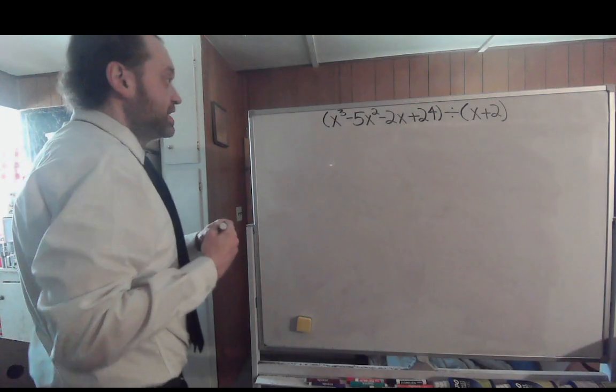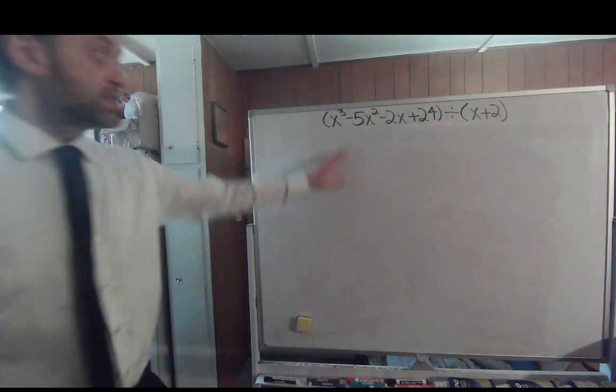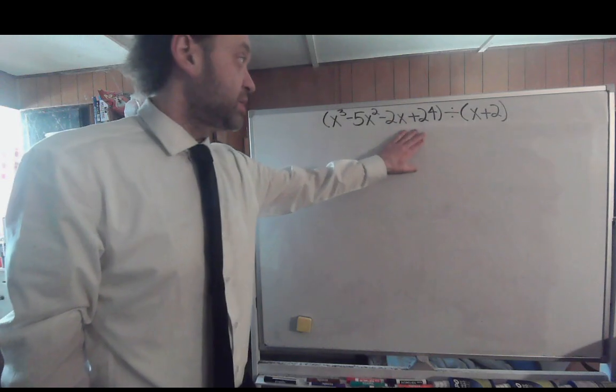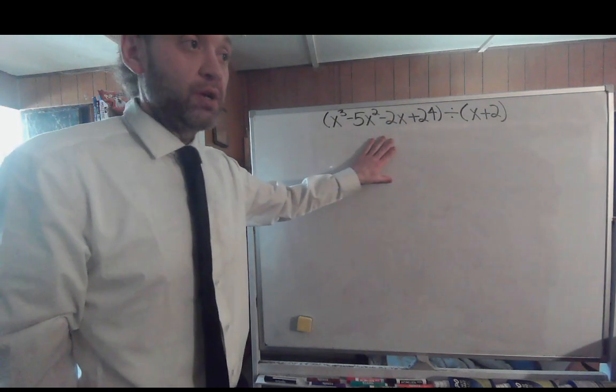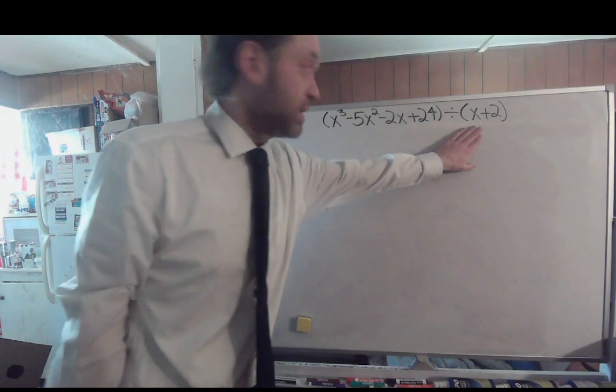So I'm going to take that whole polynomial, x to the third minus 5x squared minus 2x plus 24, and divide it by x plus 2.